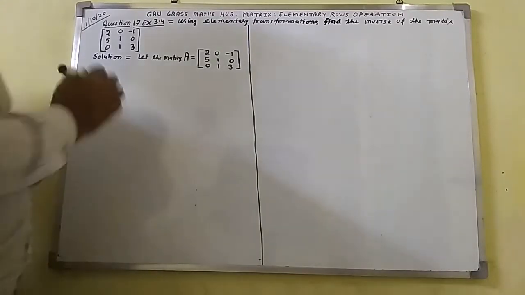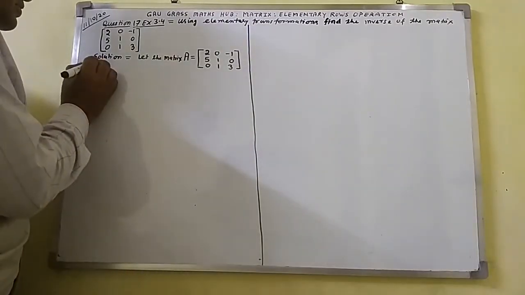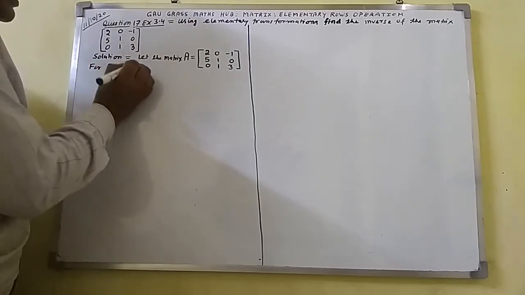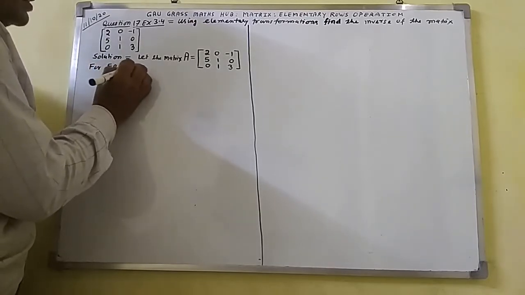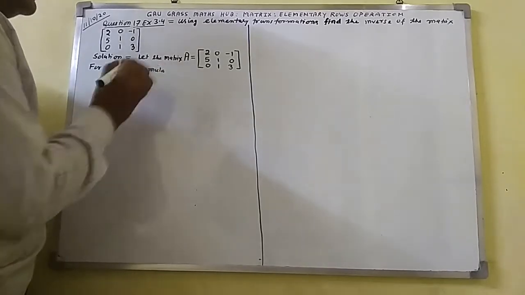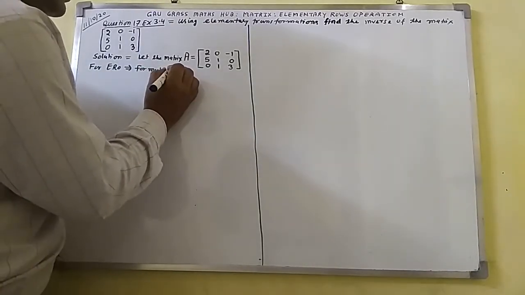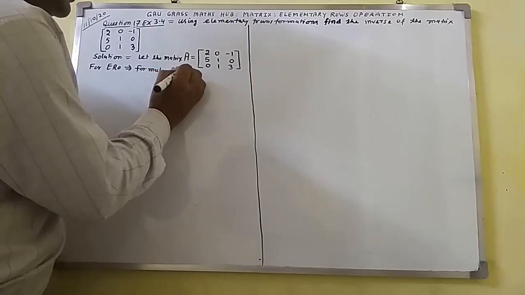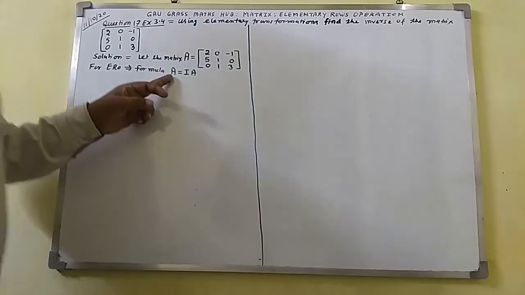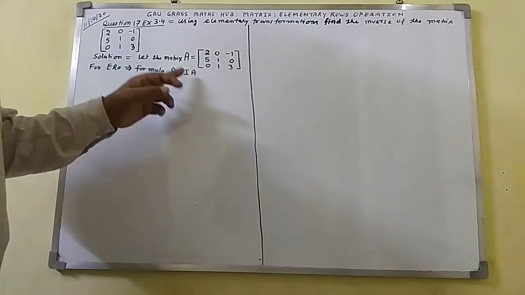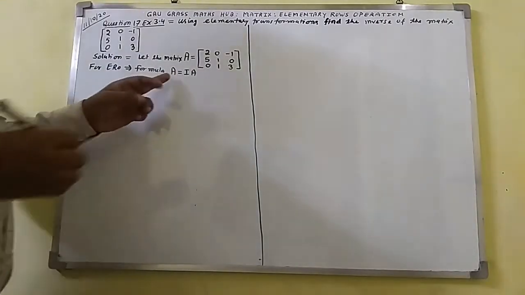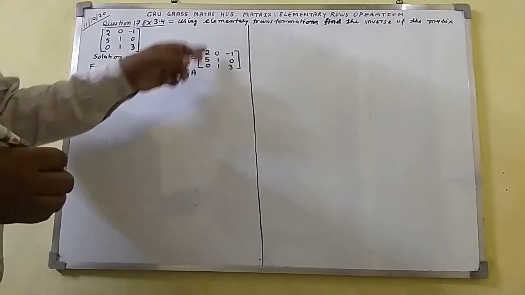For elementary row operation, the formula is capital A is equal to IA, where capital A is the given matrix and I is the identity matrix. So here in place of capital A I shall write this matrix.